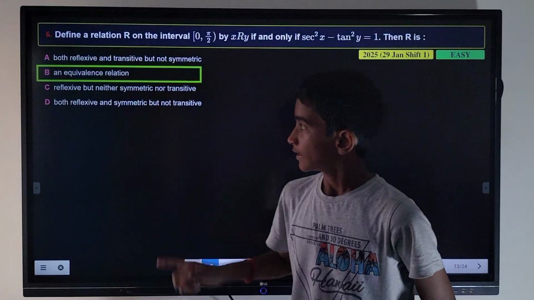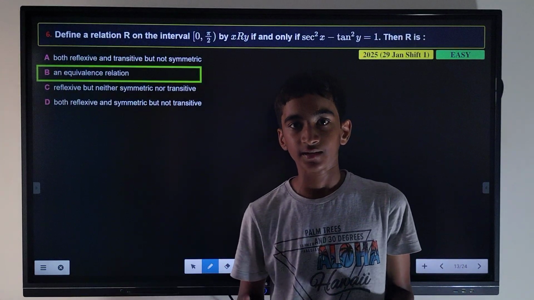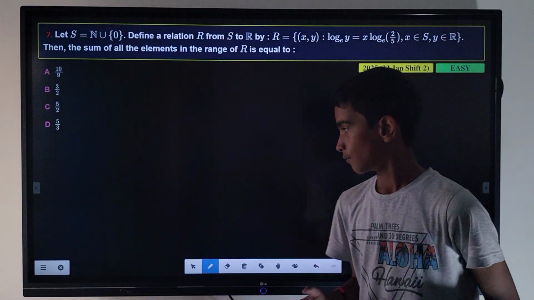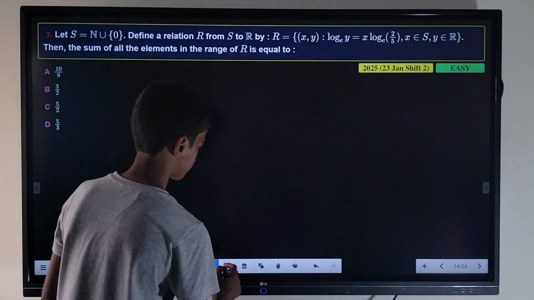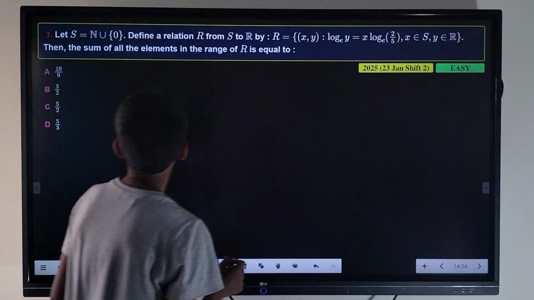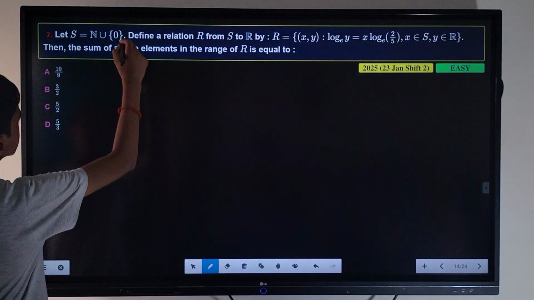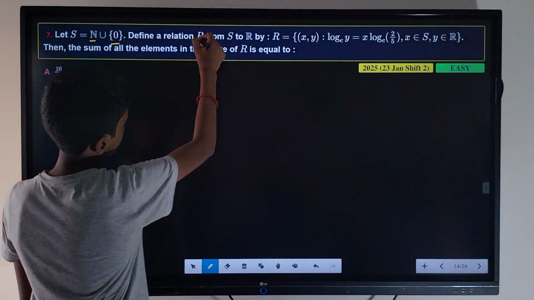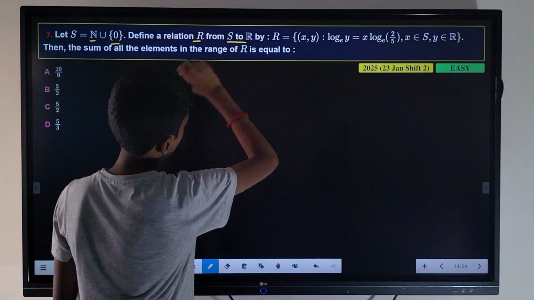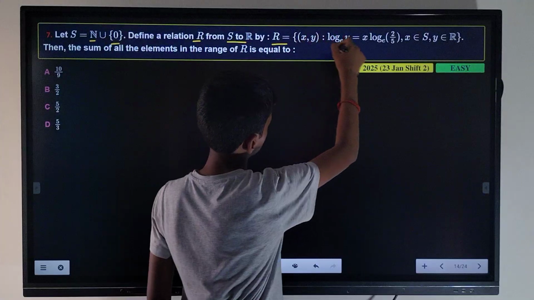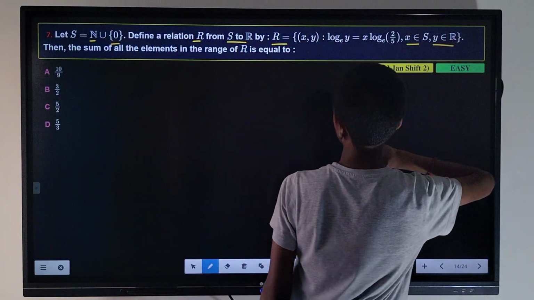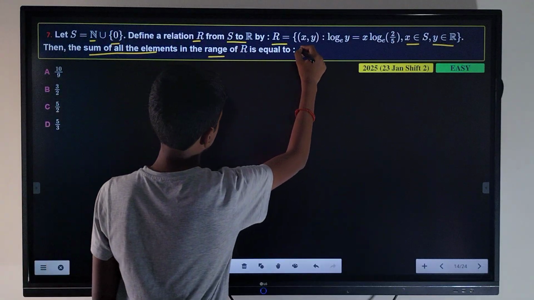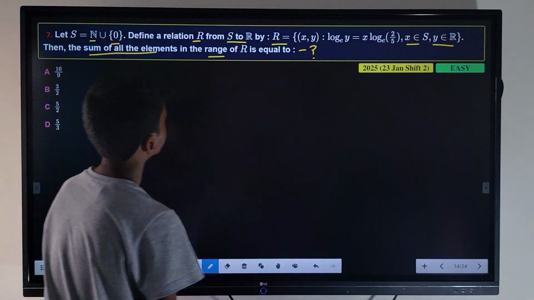And here is the solution and we can see that our answer is correct. Here is the next question now. Our question says let S is equal to natural numbers union 0. Define a relation R from S to R by R is equal to this, X belongs to S and Y belongs to R. Then the sum of all elements in the range of R is equal to what?